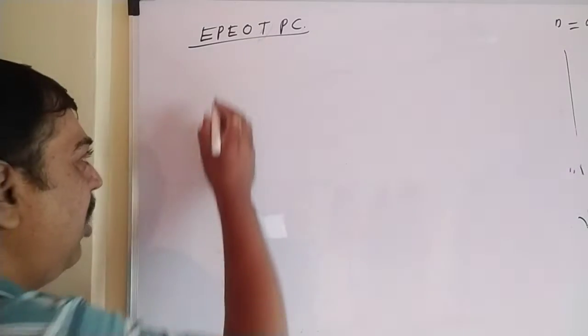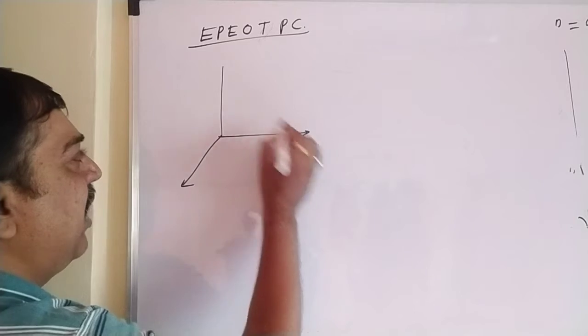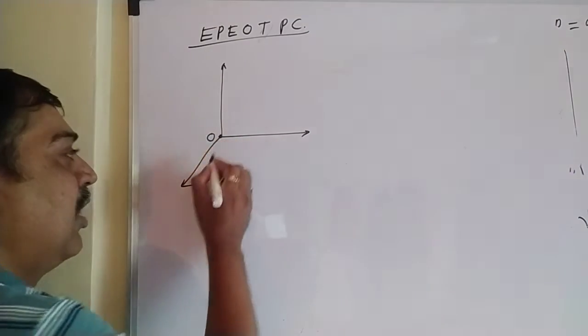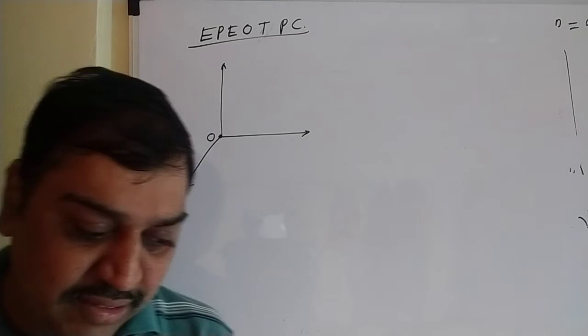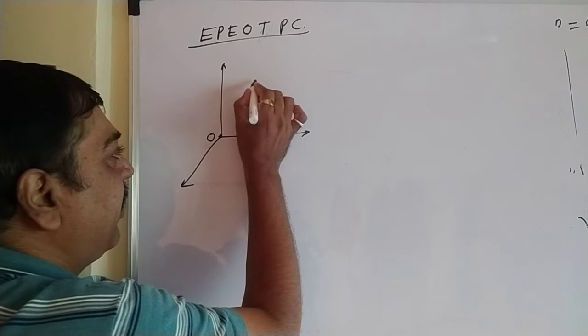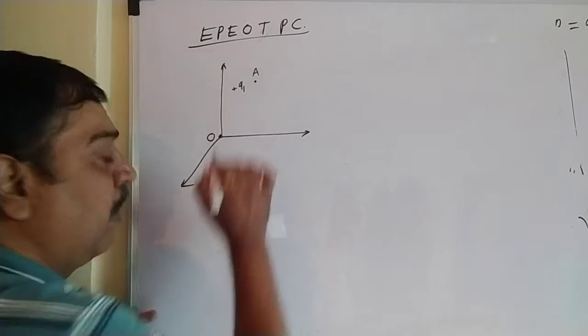2-point charges means there are 2 charges. Due to these 2 charges, we have to find out how they exert electrostatic potential energy. Let us consider this 3-dimensional coordinate system whose origin is at O. Let us suppose charges are kept here at point A; the charge kept is plus Q1.